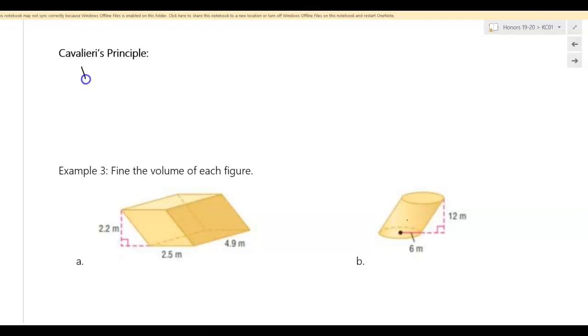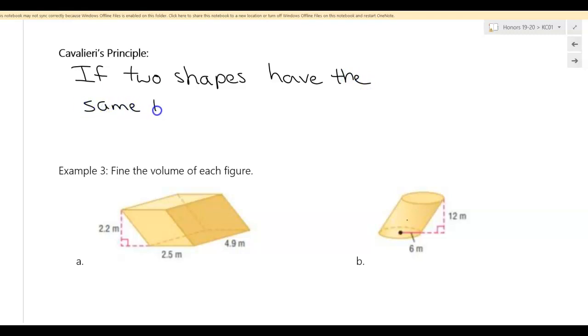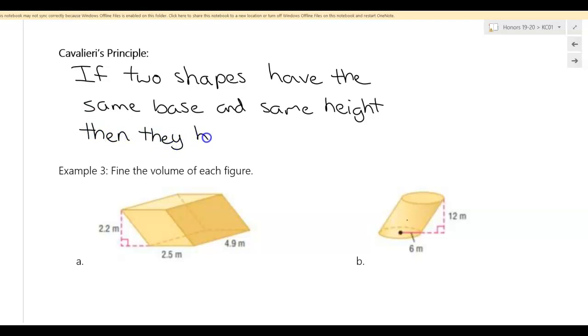So if two shapes have the same base and same height, then they have the same volume.